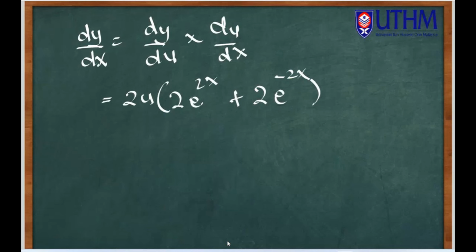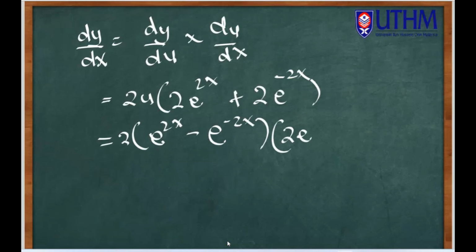So we just replace back our u. U is equal to exponent 2x minus exponent negative 2x. We just write back 2 exponent 2x plus 2 exponent negative 2x.